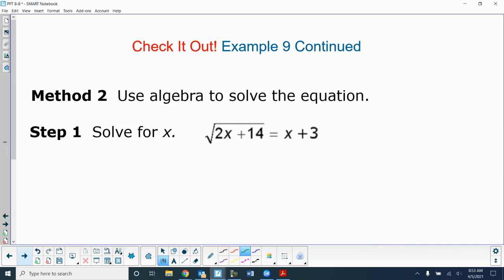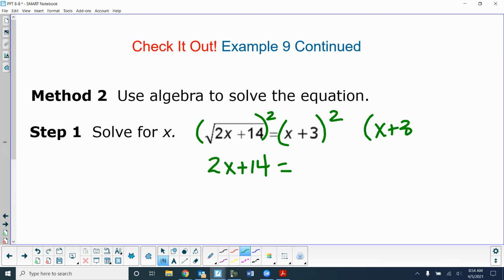All right? Using algebra, what's the left side? All right, remember, x plus 3 squared is this.